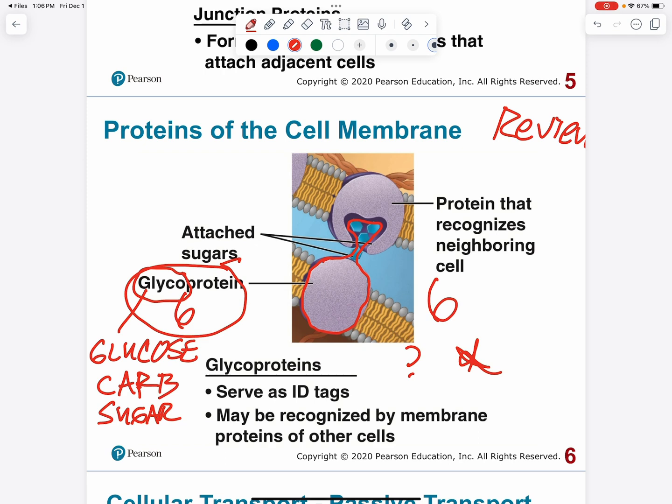Along comes cell B, if this is cell A, and it's got a perfect fit. Imagine that the glycoprotein is the hand and the glove is cell B. It has to fit right over that carbohydrate, and now they communicate. Think back to the hidden life of the cell video.